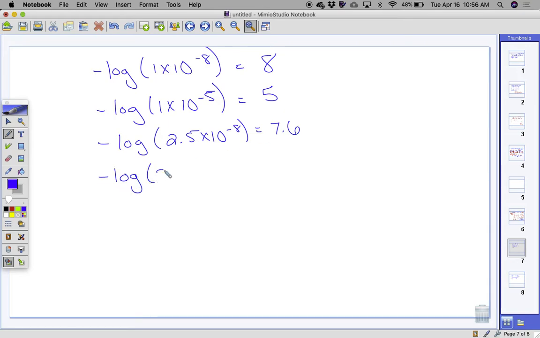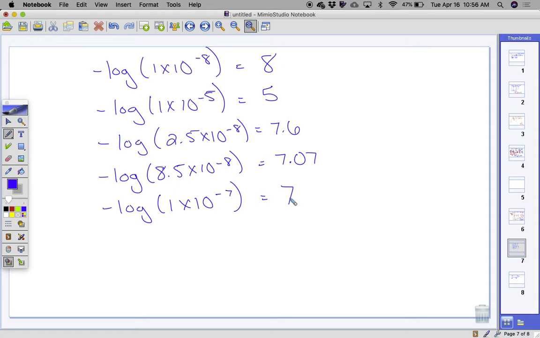Punch in the negative log of 8.5 times 10 to the negative 8. 7.07. Punch in the negative log of 1 times 10 to the negative 7.